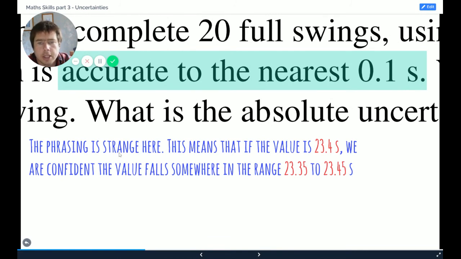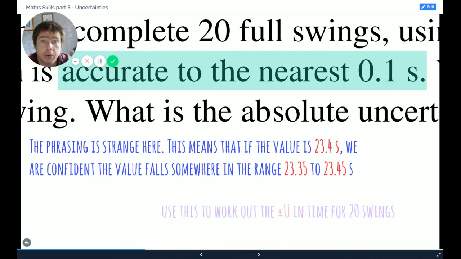So that phrasing is strange. If it's accurate to 0.1, then our value, we're confident, is good to that value, so to 0.1, so to 3 significant figures in this case. So the value falls somewhere between 23.35 and 23.45. So your plus or minus uncertainty as a value is plus or minus 0.05.